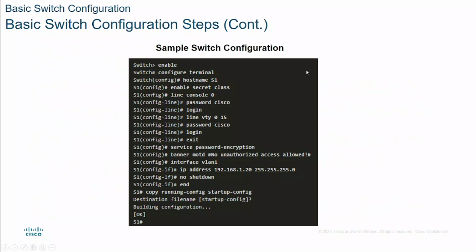For example, when you enter enable, the switch comes on. Configure terminal, then you put the host name, which is the name of the switch. Enable secret class. Line console 0, password cisco, login. Line vty 0 15, then you put the password again.